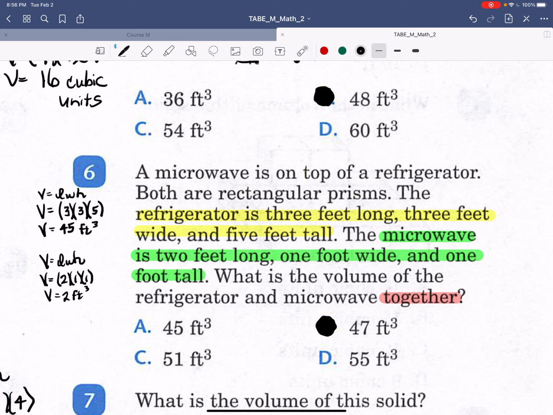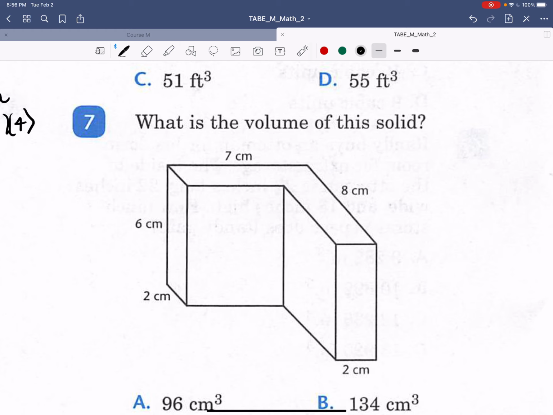Number 7. What is the volume of this solid? So I'm going to go ahead and draw that imaginary line again, right here, to separate those out. And let me color one of them for you. I think I'll do it in green because I can do green ink.